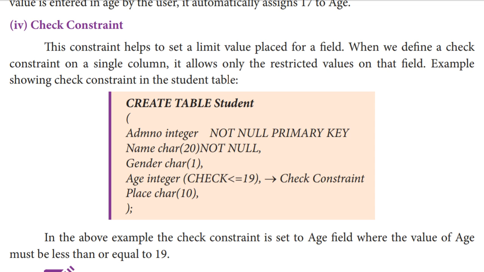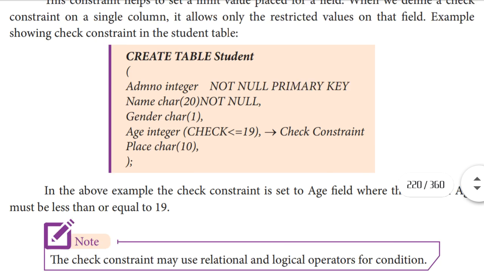So that we can say as a check constraint. So when we are entering the age, here they given one example, check less than or equal to 19. So it checks whether it is less than or equal to 19. Suppose it's more than 19, it won't permit us to enter the data.